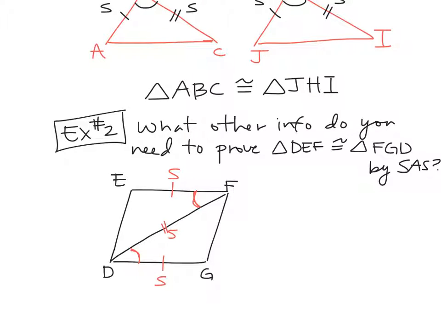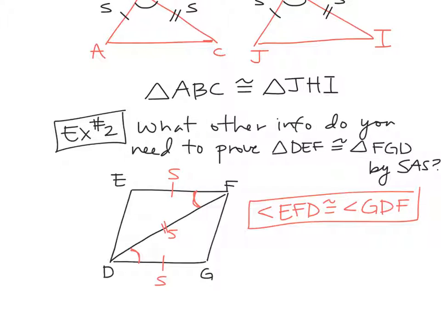So you would have to say, in order to prove these two triangles congruent by SAS, we'd have to know that angle EFD is congruent to angle GDF. Okay, so when they ask you what other piece of info you need, don't give the thing that you know to be true because of the reflexive property or something like that. Give the thing that we don't know is true yet, because they didn't tell us these lines were parallel, right? So they're not alternate interior angles that have to be congruent. We would have to know they're congruent to be able to say SAS.